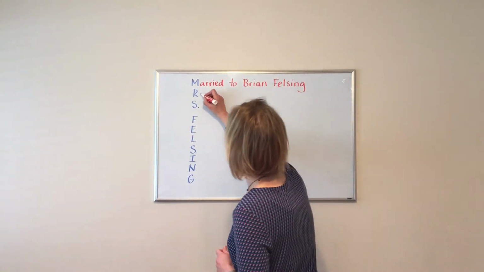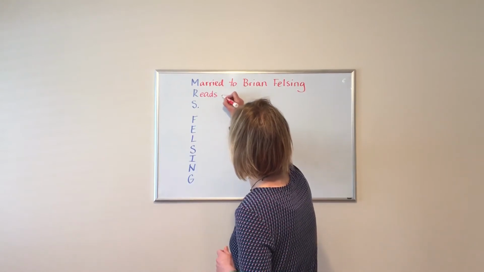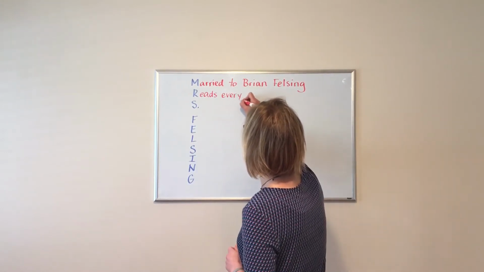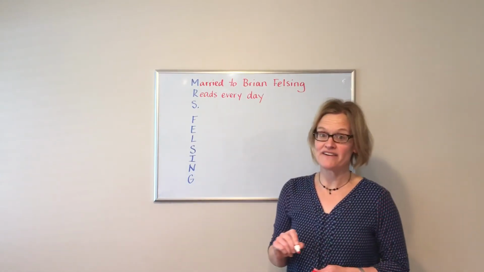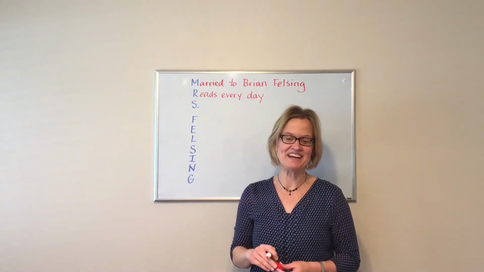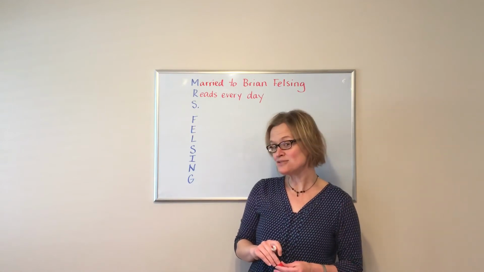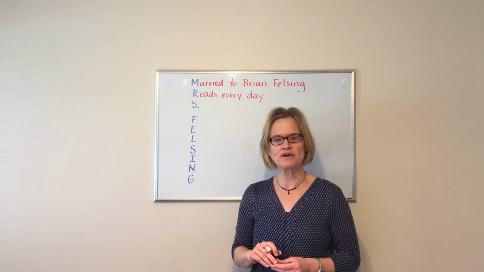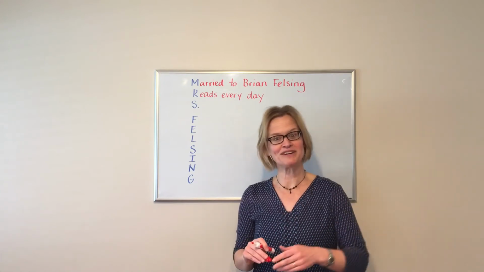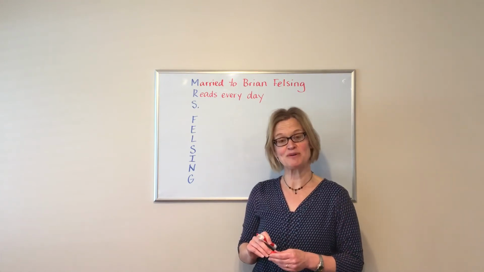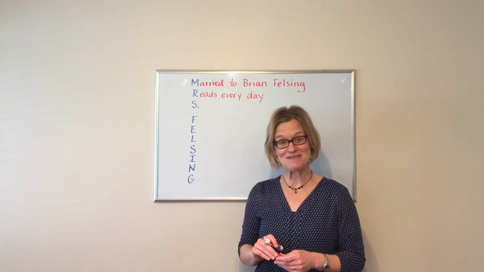For R, I put reads every day. And I read every single day. And I have books that I really like to read. I have to admit I'm reading a little more now that we're home, but I am reading a lot of work and I'm also taking a class, so I'm also reading books for that as well.